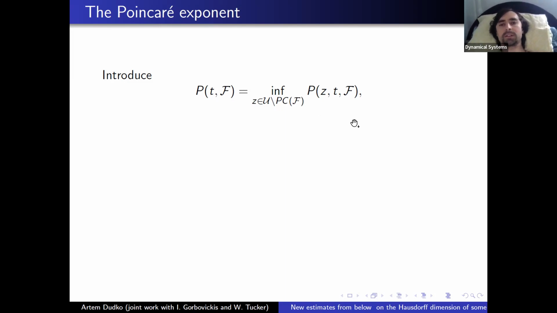So Felix showed that this would not depend on z for rational maps, for instance, but to avoid proving this in generality, we just introduce P of t, F as an infimum over all z of the pressures corresponding to point z.